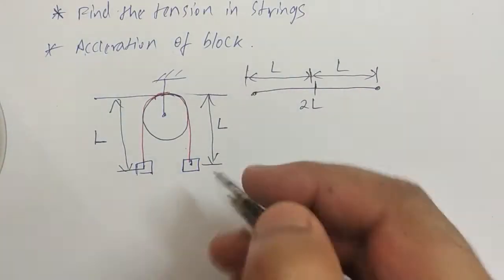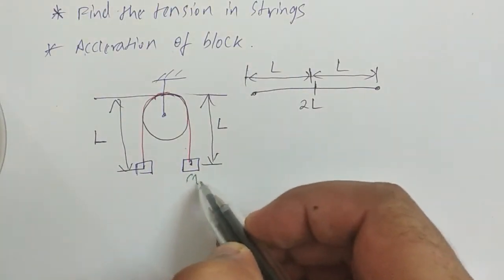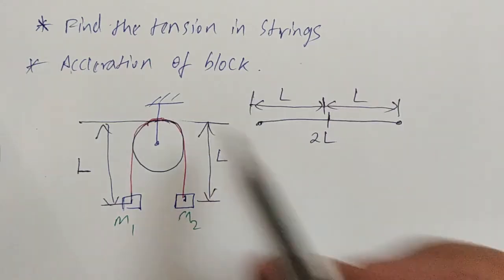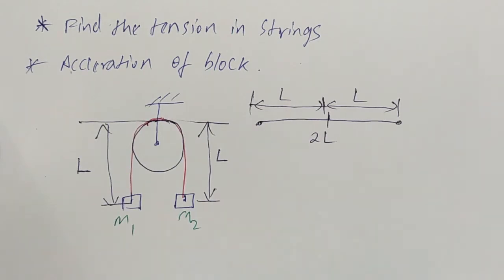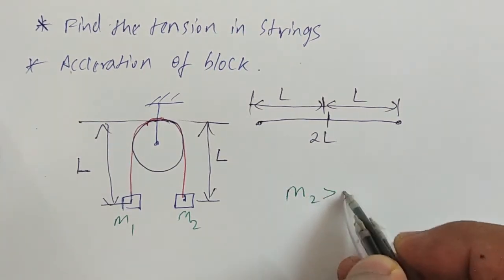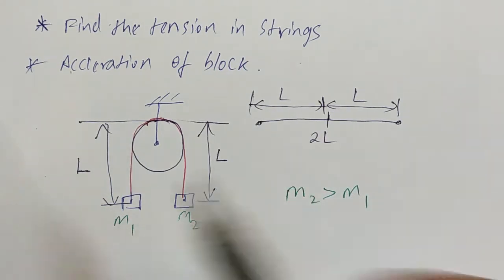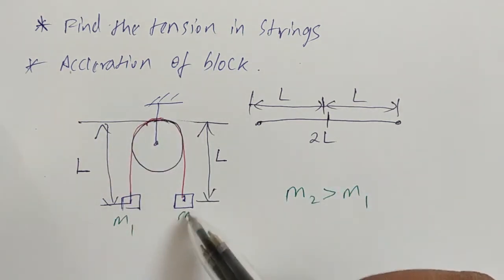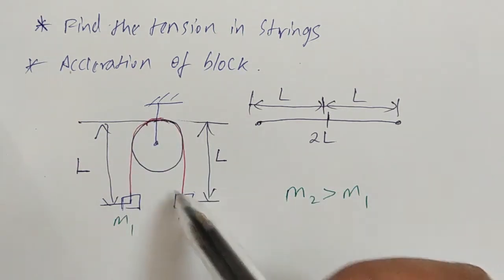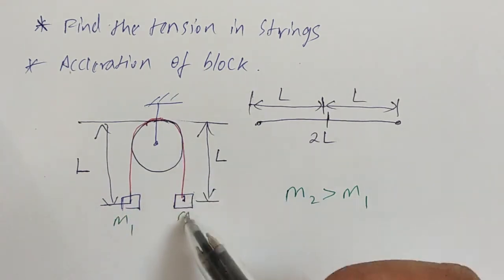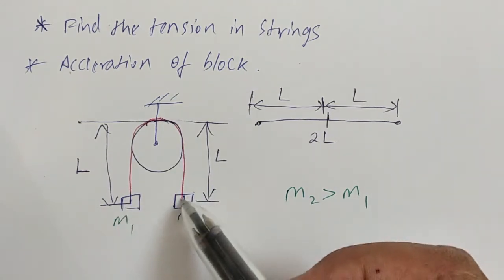Now, this mass is M2 and this is M1. Say for example this case where the mass M2 is greater than M1. By common sense you can say that if this mass is greater than this one, then due to gravity this weight will be more than this weight. So this will try to pull this weight downward.